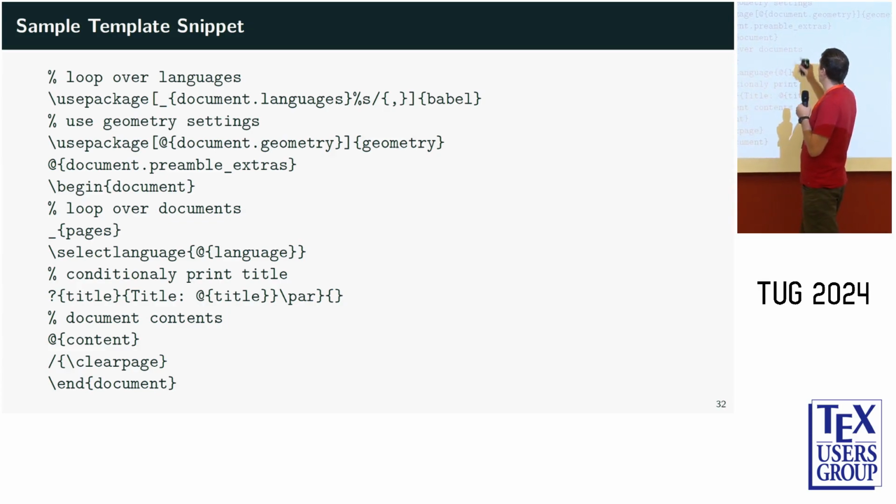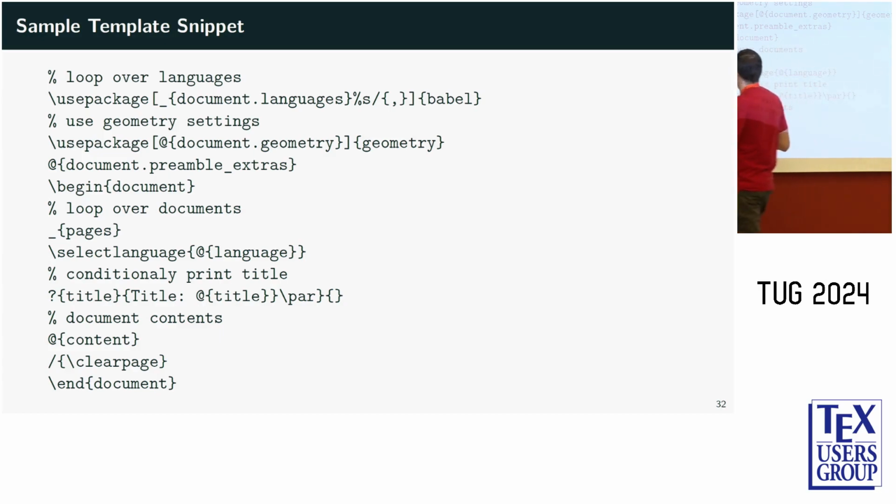So you saw the document in the configuration file, and here are the extra packages, and now we loop over the pages array that contains the contents of all HTML documents.